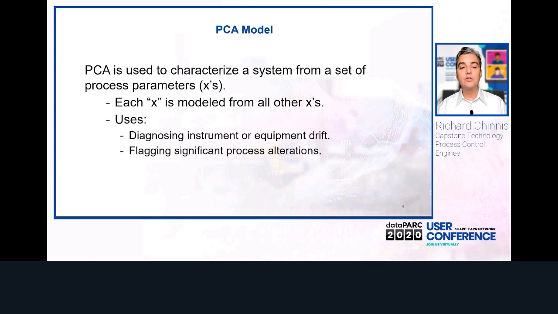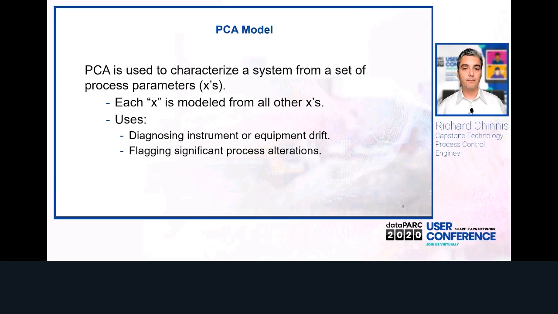So here are some ways that I've used PCA modeling to diagnose instrument or equipment drift. For example, if you have an instrument in the field that you know is subject to drift, like a pH meter, something that you have to calibrate all the time, but you don't really know, is it off?